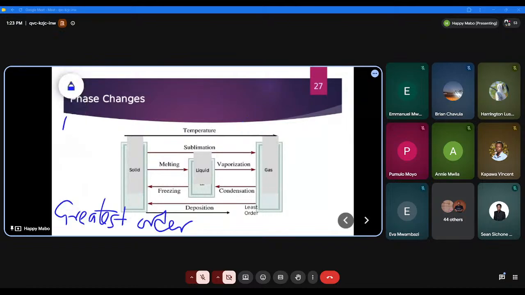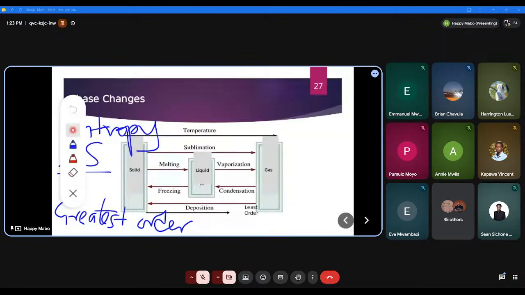Entropy is defined as the degree of disorderliness of a system. So how disorderly things in a system are is referred to as entropy, and the more disordered they are, the higher the entropy or change in entropy will be.